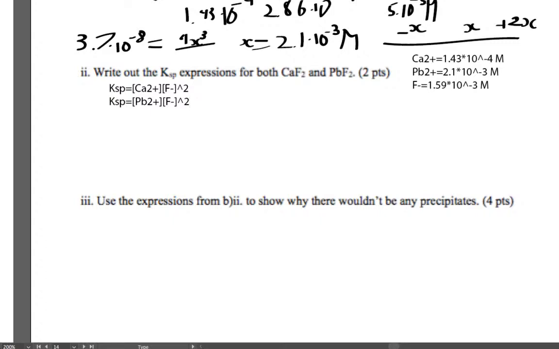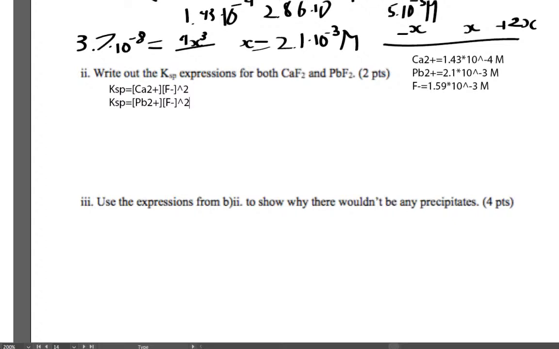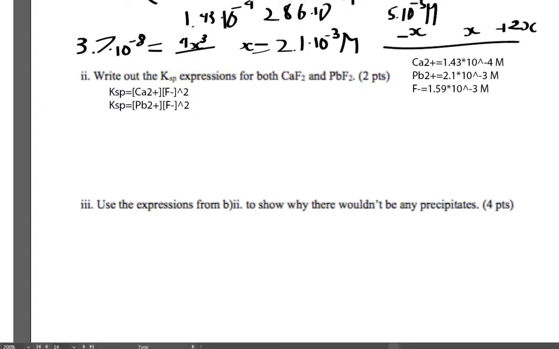Use the expression from B II to show why there wouldn't be any precipitation. What? Show why. It would be very small.